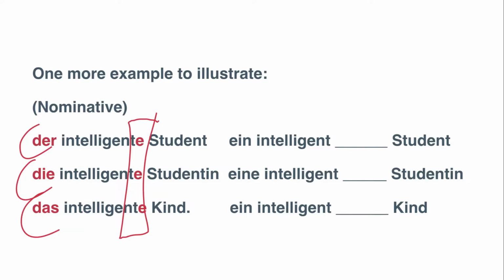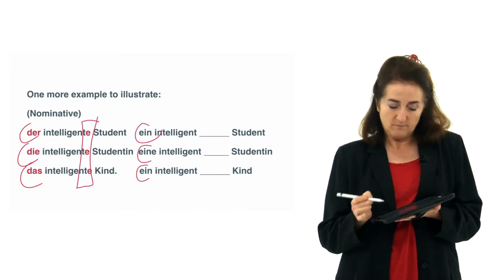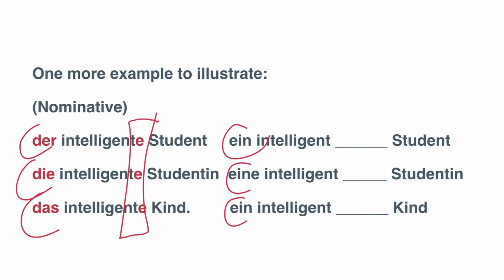Now let's look at the indefinite article, ein, eine, feminine, and ein for neuter. Now we do need to indicate what's what. So remember nominative, masculine ending, der Student.